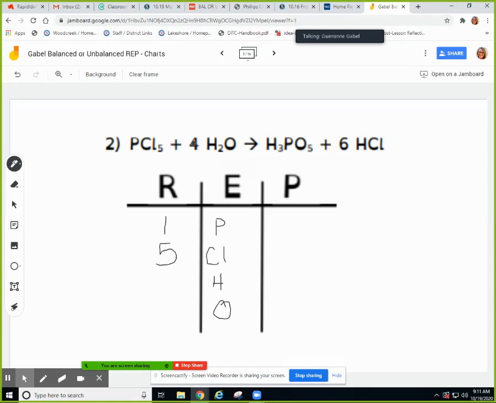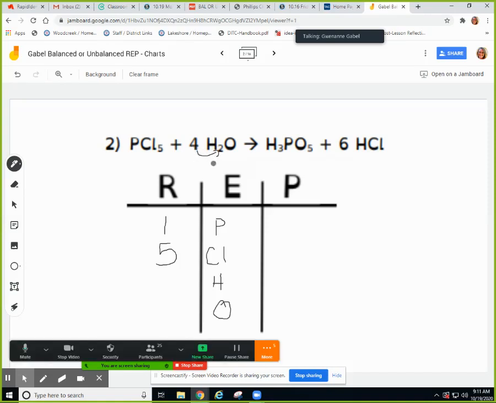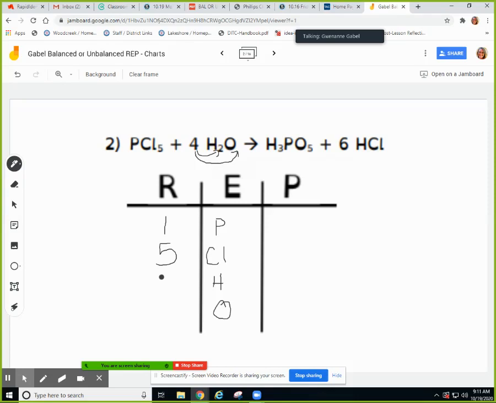For the second formula, I need to distribute my coefficient to my subscripts. Oxygen does not have a subscript, so that means it is 1. So hydrogen is 4 times 2, so I have 8 atoms of hydrogen. 4 times 1, I have 4 atoms of oxygen.